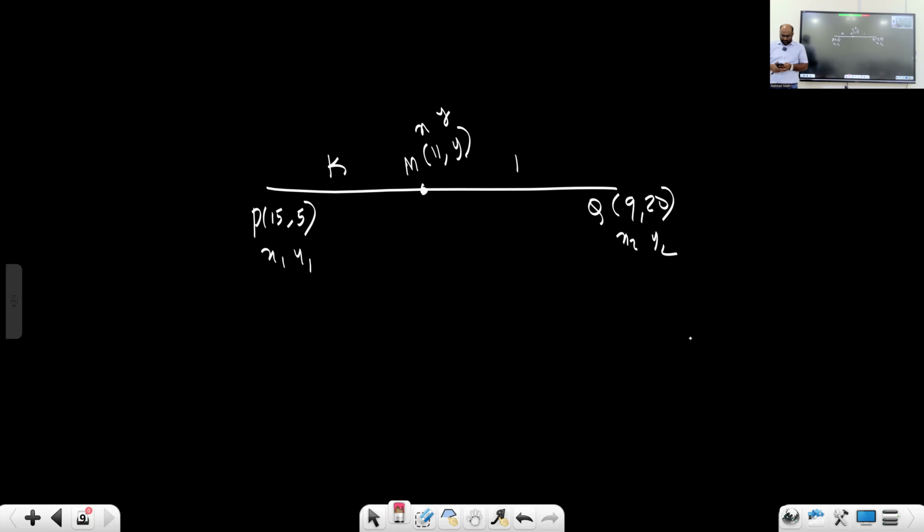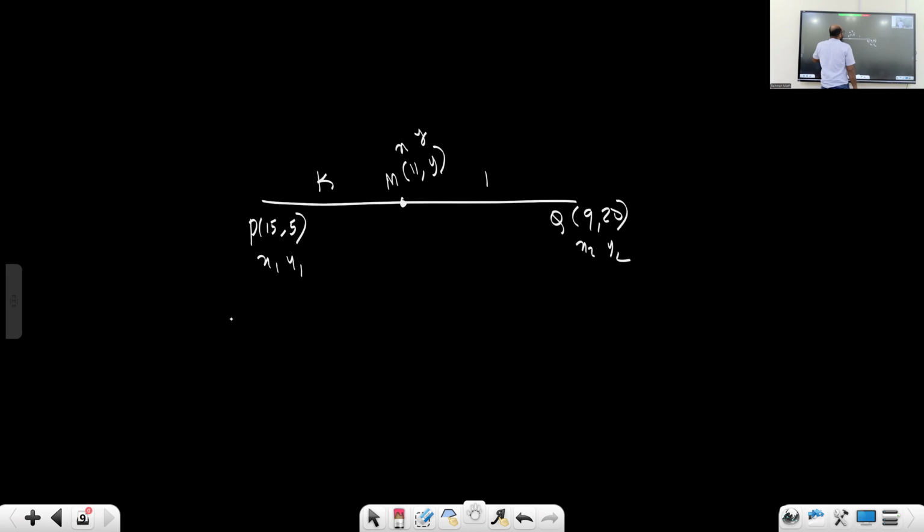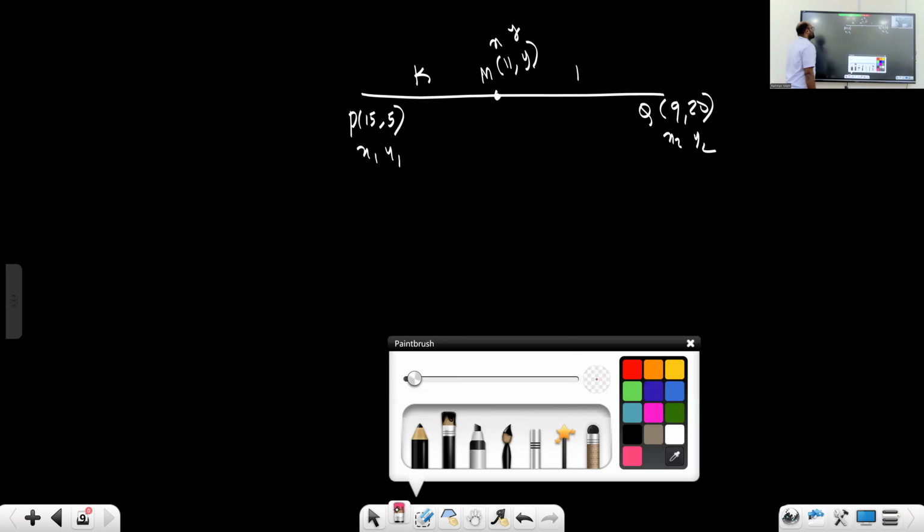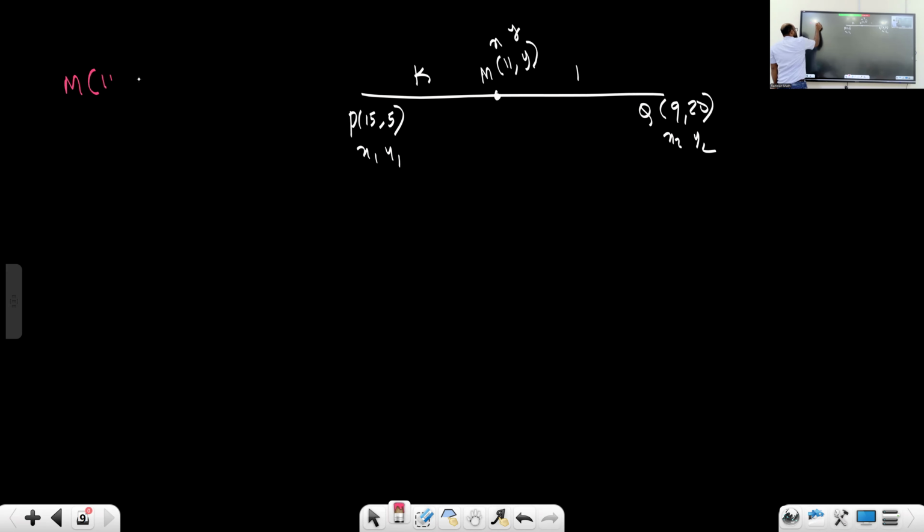Let M(11, y) divide PQ in the ratio K is to 1. The same way as we did before.